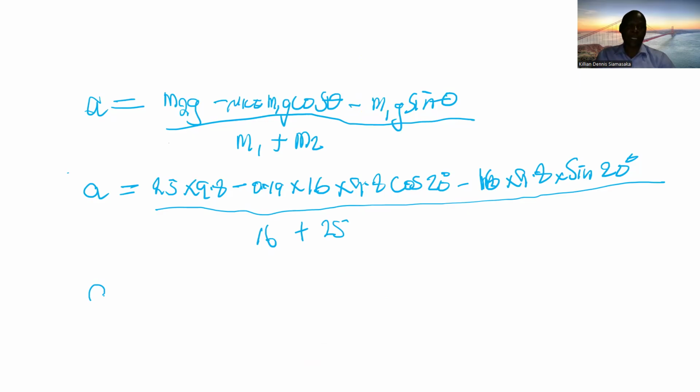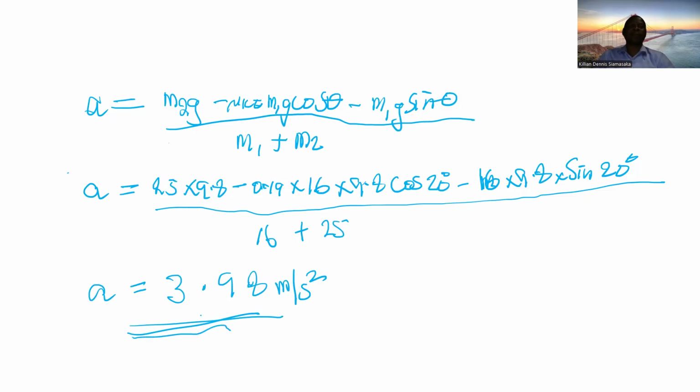And what we find is that acceleration is equal to 3.9 meters per square second. So this is how you can calculate acceleration on an inclined plane where there is friction. Thank you.